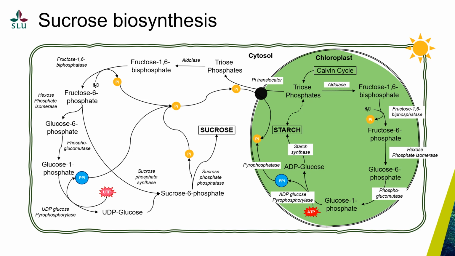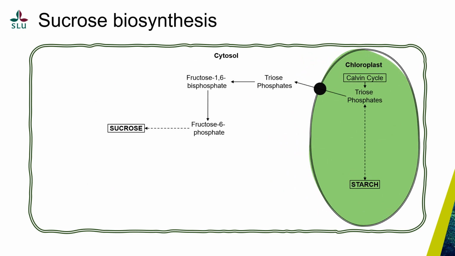In this way, it maintains the photosynthesis in the Calvin cycle. As we know, sucrose is synthesized in the cytosol by the actions of various enzymes, but there is a homeostasis between the concentration of fructose and sucrose.